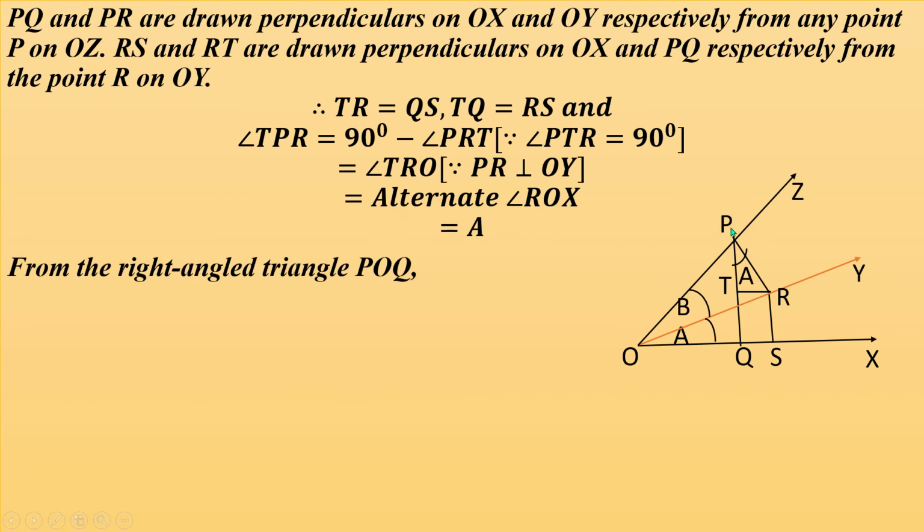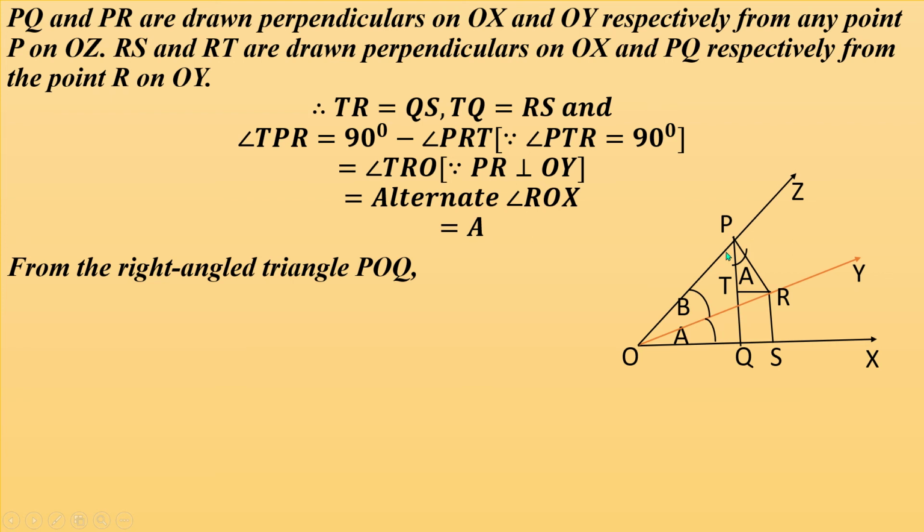From the right angle triangle POQ, this angle is equal to what? This angle is equal to A plus B. So sin(A plus B), that means this total angle, we can write PQ by OP.